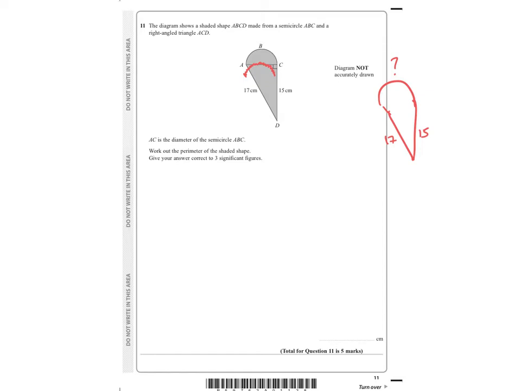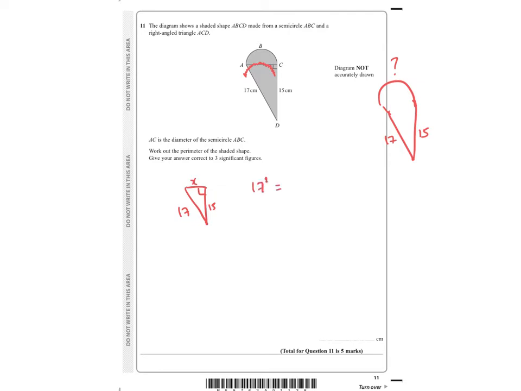So to find that, I need to have the diameter. Now I can see here I've got a nice right-angled triangle. So 17, 15, and I want to find this one here. I'm going to use Pythagoras.